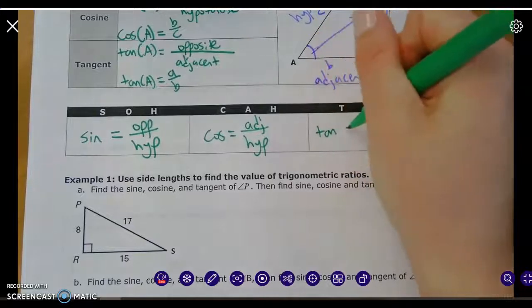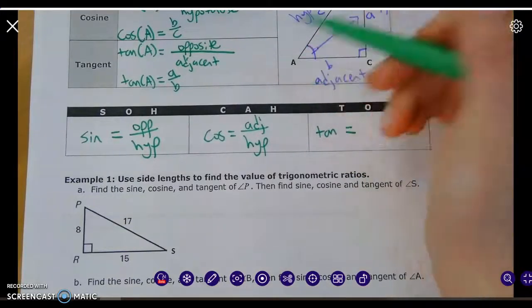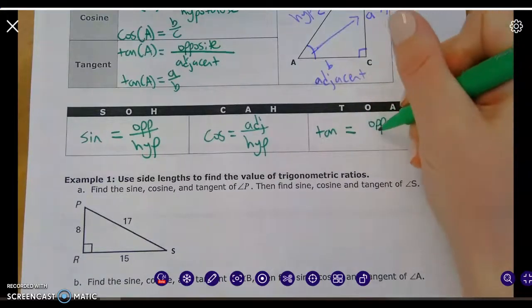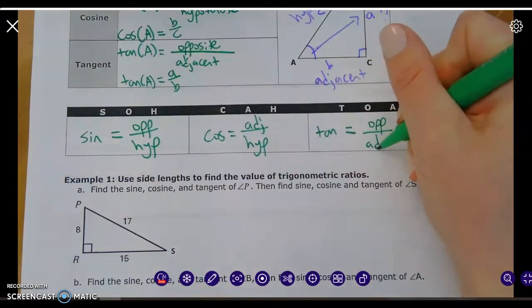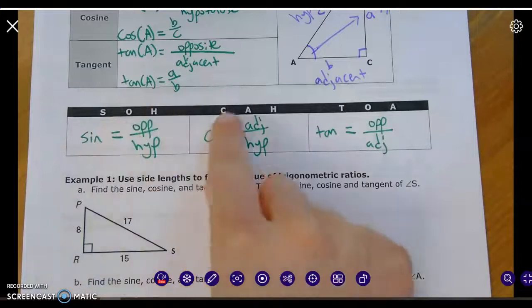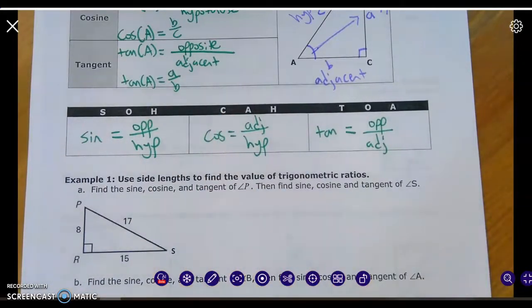So tangent is O over A, opposite over adjacent. So when you start an assignment, you can just write that at the top of your paper, and then you've got all this information there.